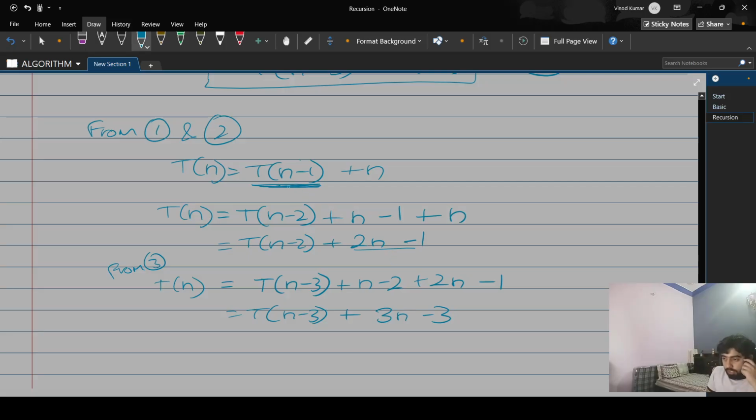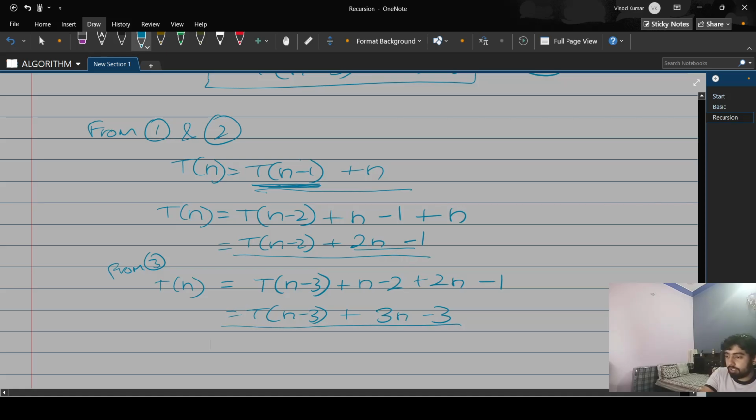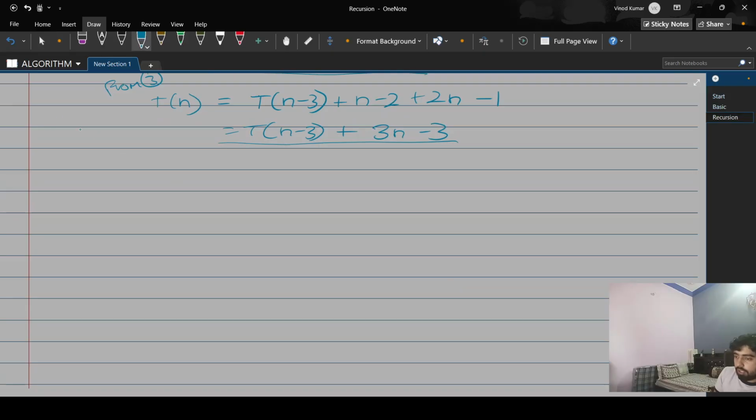Now you have to find what is that common equation that is being formed among these. So the common equation that will form there is T of n minus k plus k times n minus k, plus n minus 1, n minus 2, and it will keep on going till infinity.